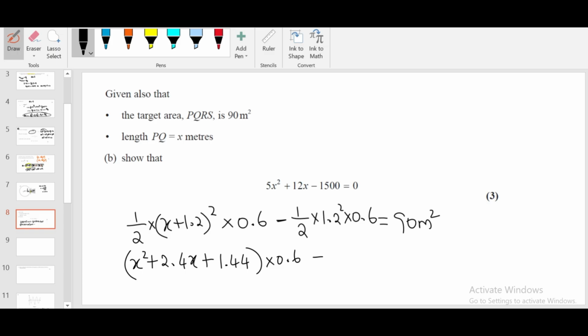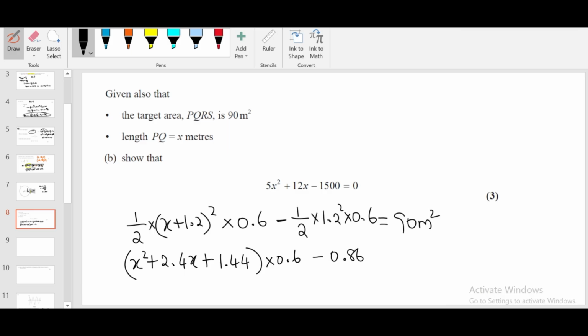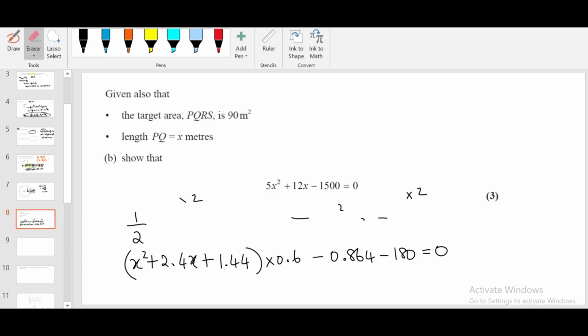Minus, here the half will be gone when you multiply by 2, 1.2 square times 0.6, which is 0.864, minus 180 is equal to 0, because we are multiplying every term by 2 to get rid of the fraction. Now all you need to do is open the bracket and simplify, and you'll get the answer.